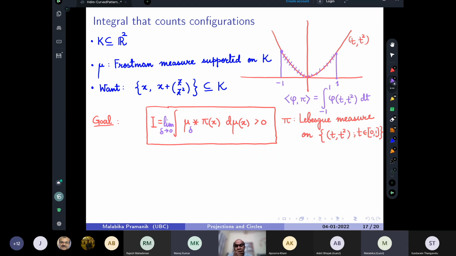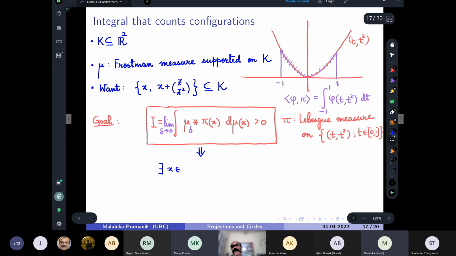So why is it enough to show the positivity of this? Let's take a look. Suppose this were positive, what that would imply is that the integrand must be positive. So there has to be an x which on one hand is contained in the support of mu, so that this part is positive, and on the other hand, it's also contained in the support of mu convolved with pi.